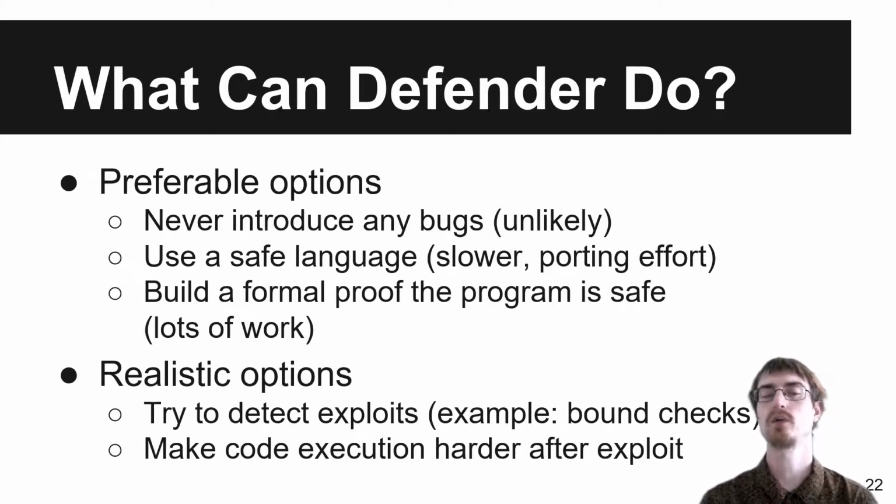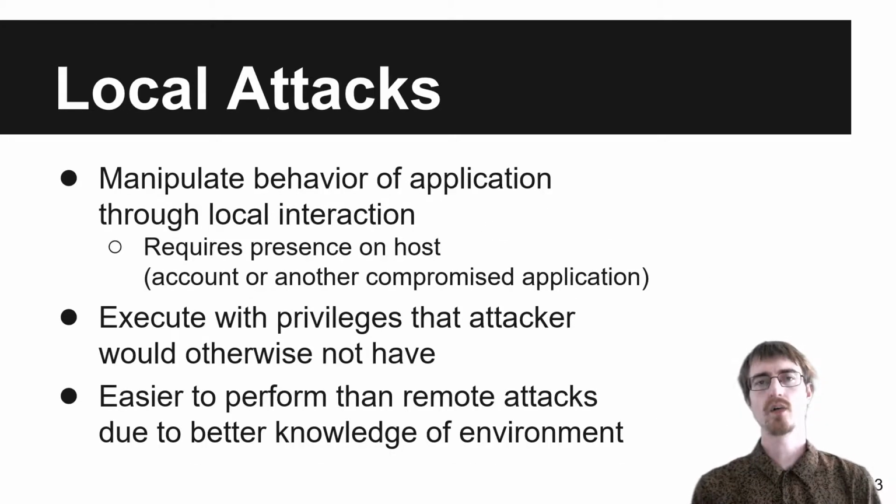Another thing we can do, and this is also widely done, is making code execution harder after you exploit something. So if we assume that the attacker is still going to be able to perform an exploit, at least we can try to make sure that they cannot use it in any meaningful way. So an important distinction we can make between types of attacks are local attacks and remote attacks.